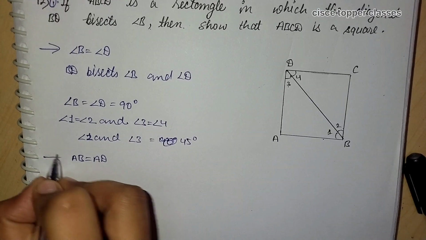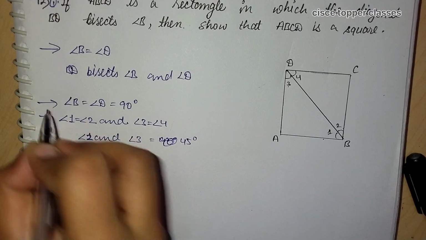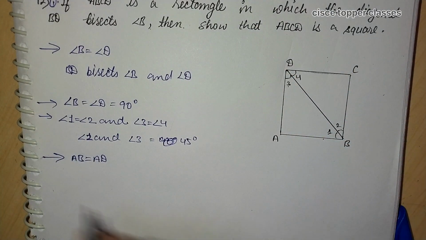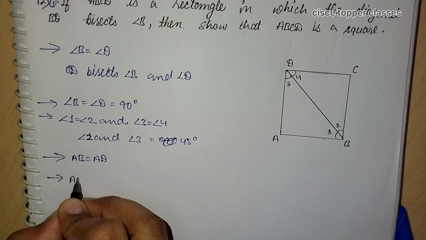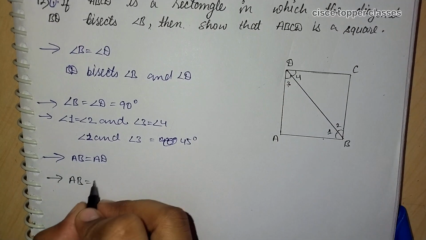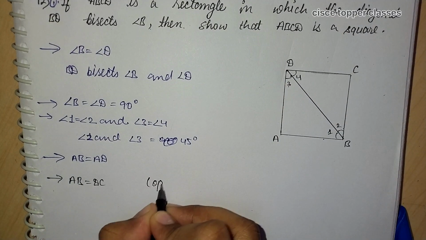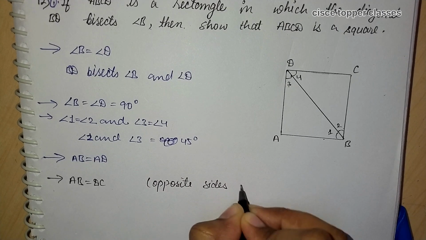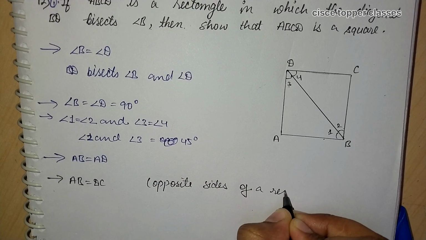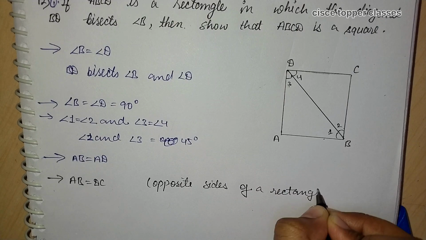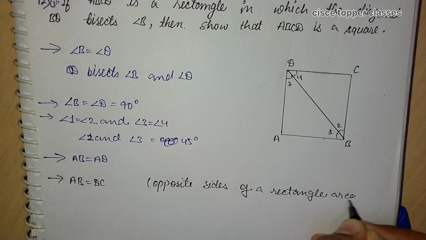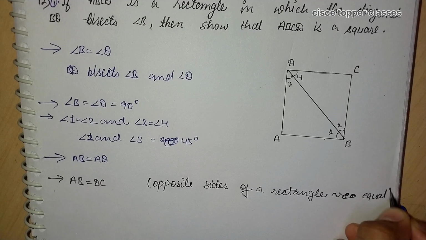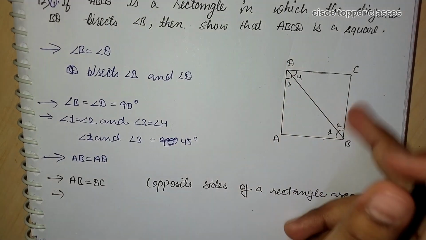And as we know, in a rectangle the opposite sides are equal. So we can write AB is equal to DC. Again we have AD is equal to BC.